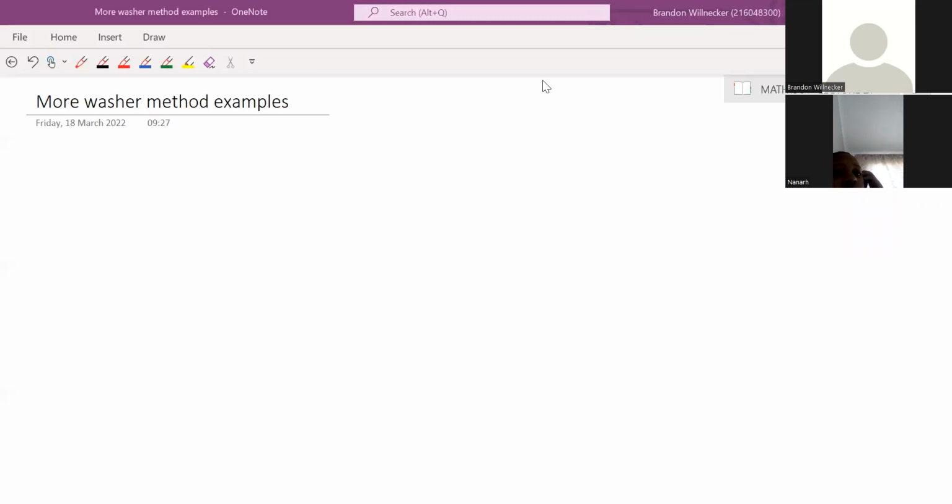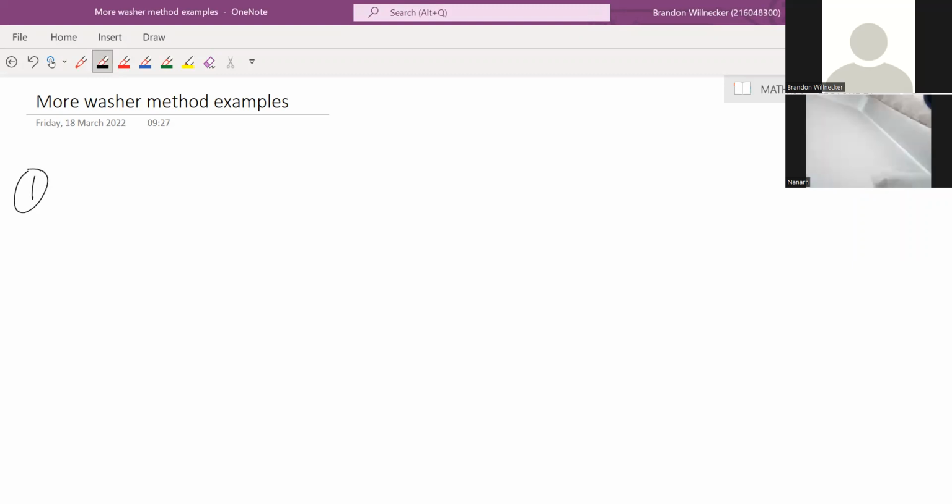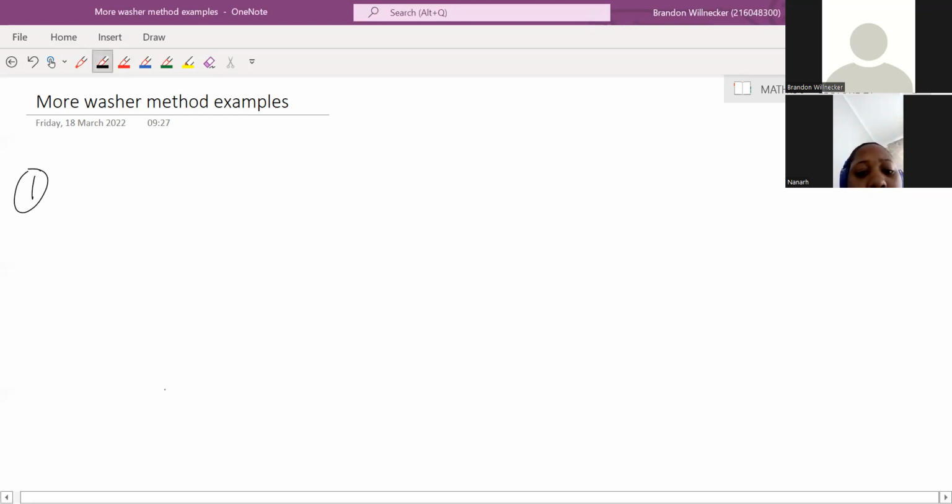Okay, let's take a look at some more examples. So number one. Like always, I need to give you the setup and then we can go from there. So we've got the following setup here.